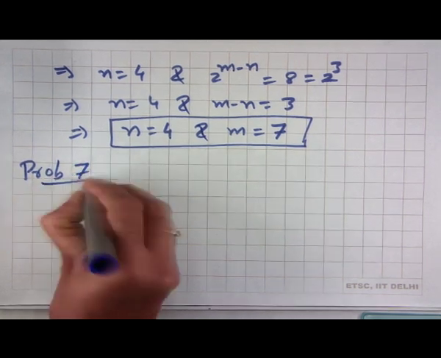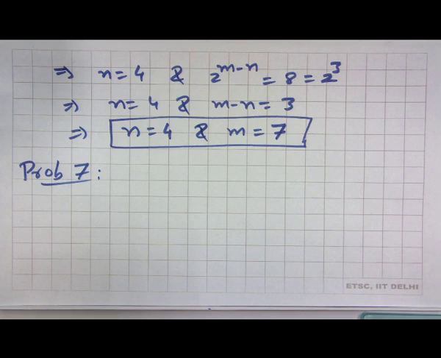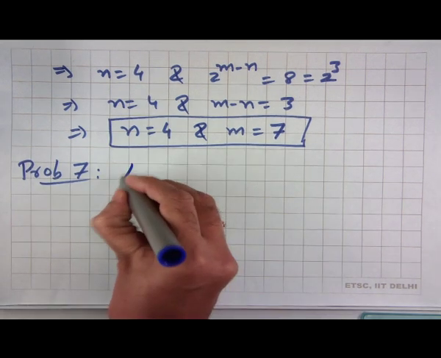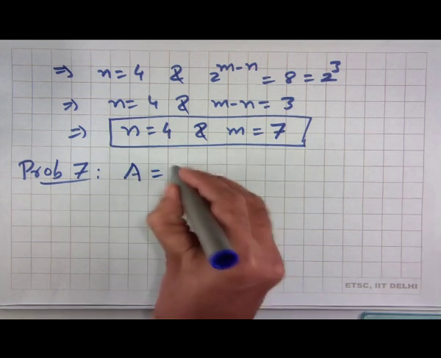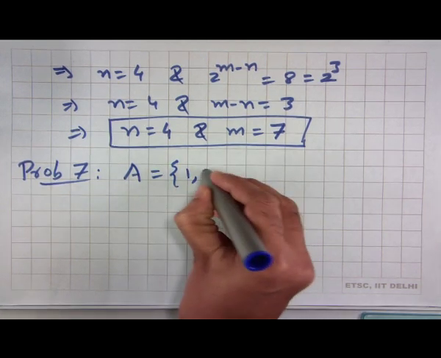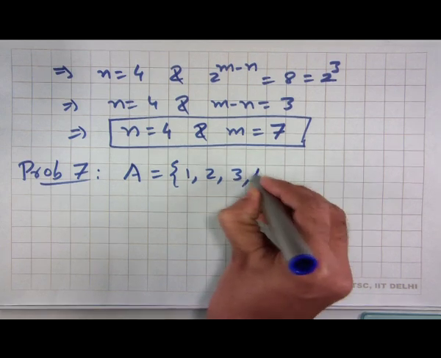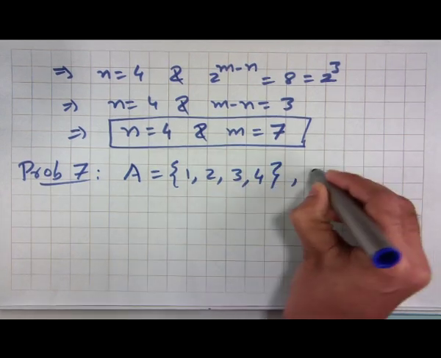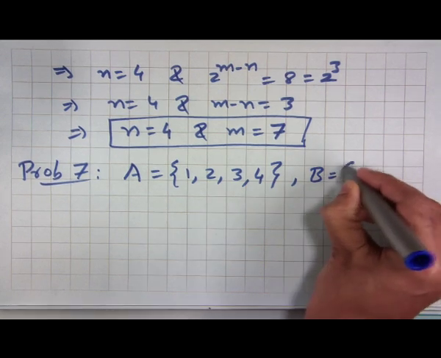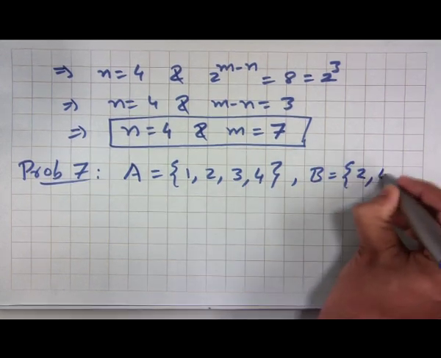The next problem, we are given sets A and B. A is equal to 1, 2, 3 and 4. B is the set containing 2, 4 and 6.